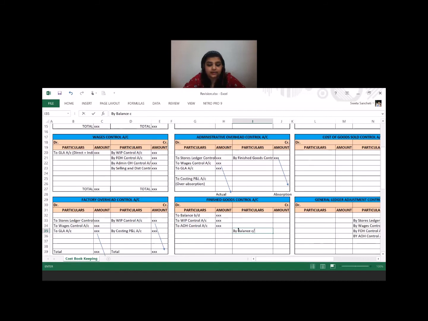By balance carried forward. What do I get? I get cost of goods sold. So by cost of goods sold account, we transfer our goods to cost of goods sold account, and your account matches here, it closes here.